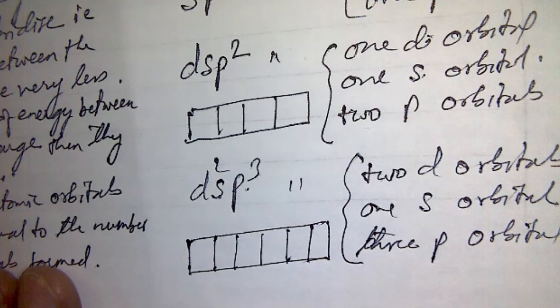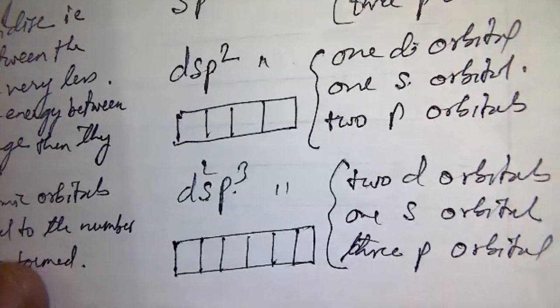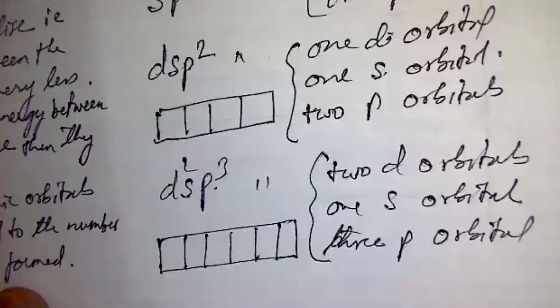So this way, different hybridizations. In these hybridizations, the orbitals are identical, but their properties, I told you, they'll give a particular shape to the molecule. So let's see what shape it can give. Is it clear?